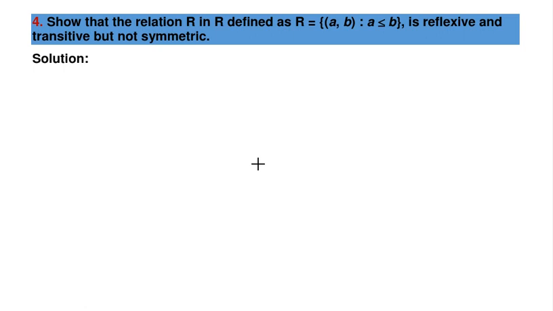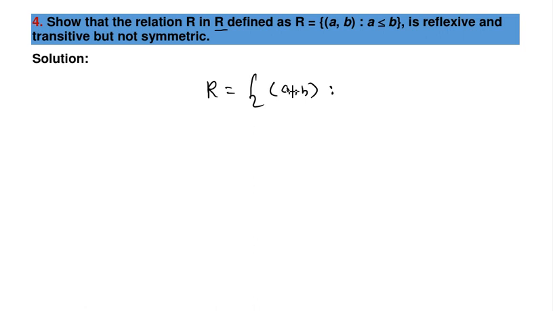Okay, the next question: show that the relation R in the real numbers, defined as R equal to a comma b, a is less than or equal to b, is reflexive and transitive but not symmetric. This is what we have to prove. Let us take the relation first. What is R? The representative element is a comma b.